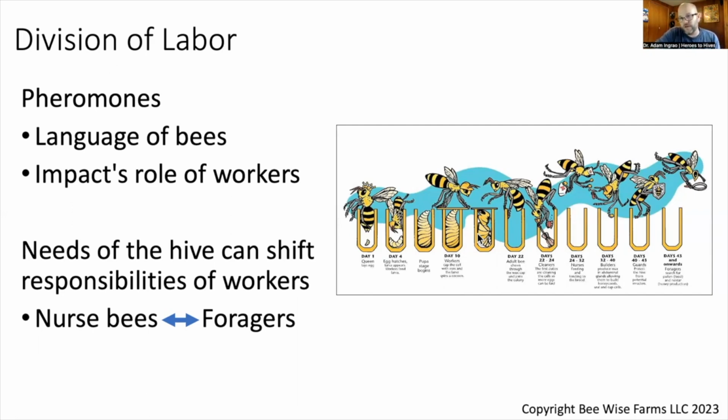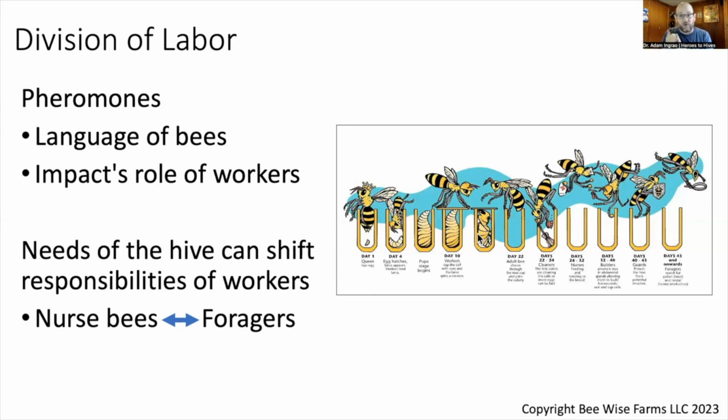And what I want you to think about is that pheromones, and I've been talking about them now for several slides, are volatile chemicals, meaning that they're chemicals that volatilize into the air, and the odor that they carry is actually interpreted by bees and other insects at large.